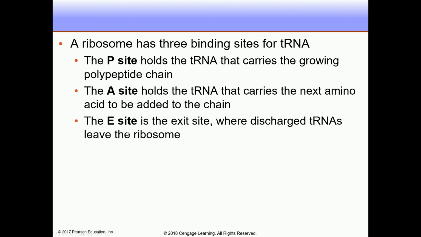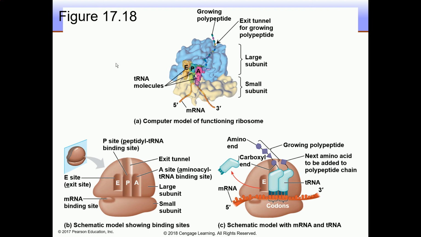The E site is called the exit site, from where the transfer RNA which has delivered its amino acid exits. The A site is where the new transfer RNA enters, and the P site is where the transfer RNA is on which the polypeptide chain is growing. So this is the structure of the ribosome.